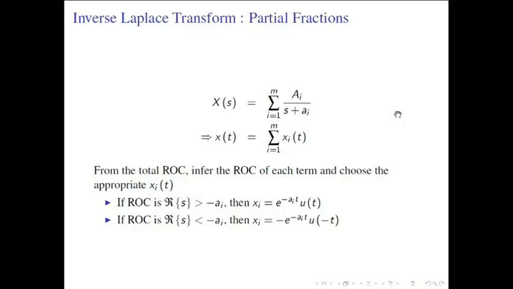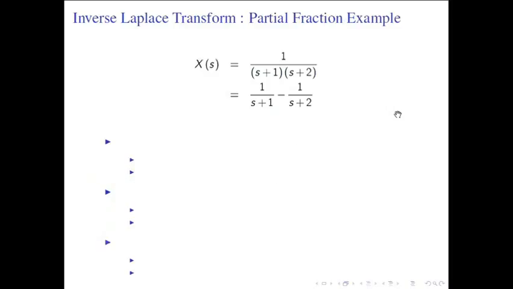So now let's see one example. Here I have X of s as 1 upon (s plus 1)(s plus 2). I can rewrite it as 1 upon s plus 1 minus 1 upon s plus 2. There are 3 possibilities for the ROC. The first one is ROC greater than minus 1.